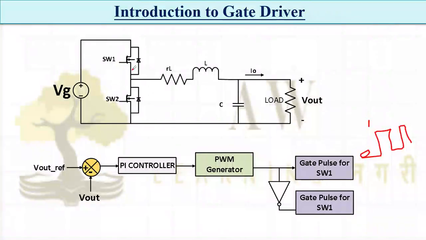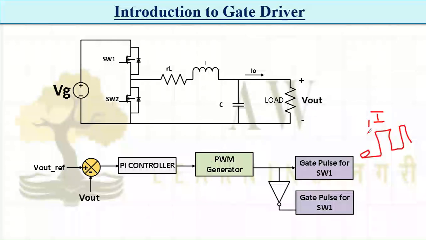But in practice, is it possible to give this 1 0 directly to my gate switches? No, it is not possible, because these are logic signals, either 0 or 1, on or off, and these gate pulses carry very little current. This current is not capable of driving my switches. So what should I do then?